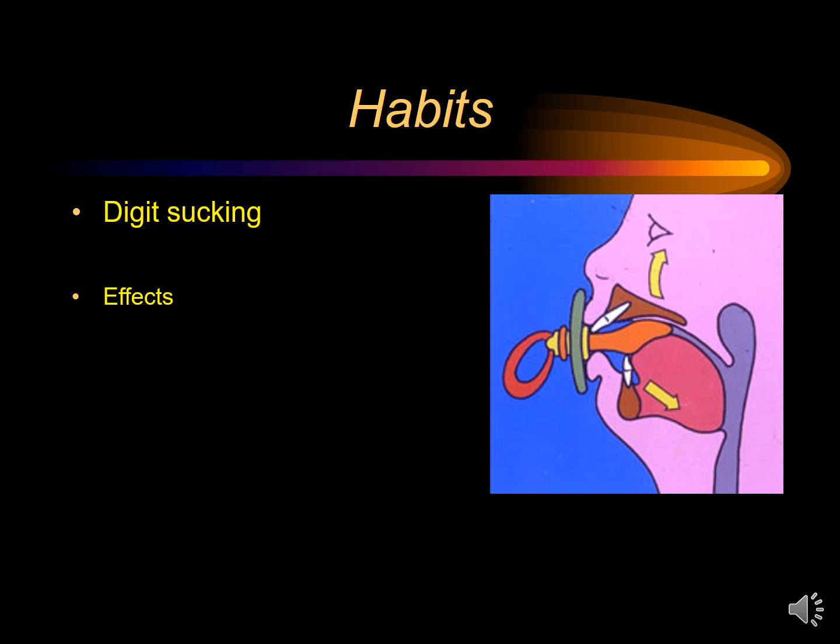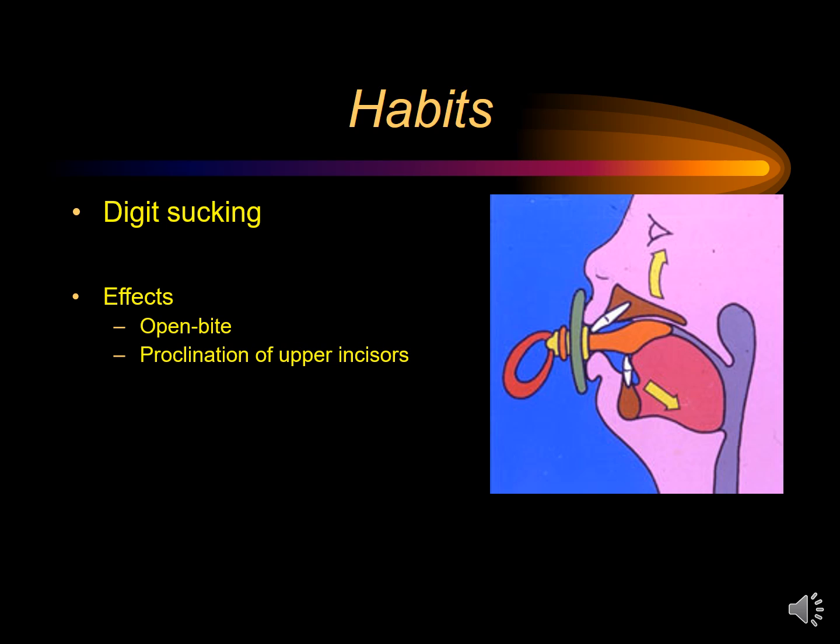Now, the effect of digit sucking on the occlusion is that it creates an open bite. The open bite is because of the presence of the digit between the upper and lower dentition, preventing the upper and lower dentition from coming into contact.